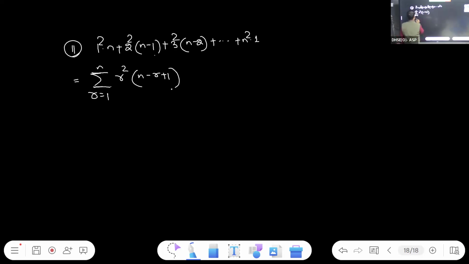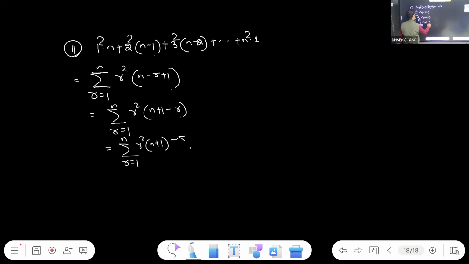This is equal to sigma r equals 1 to n of r square into (n plus 1) minus sigma r equals 1 to n r cube. Okay.